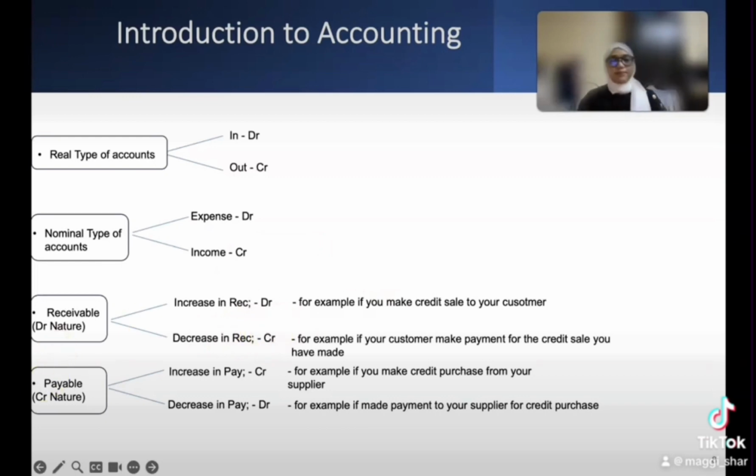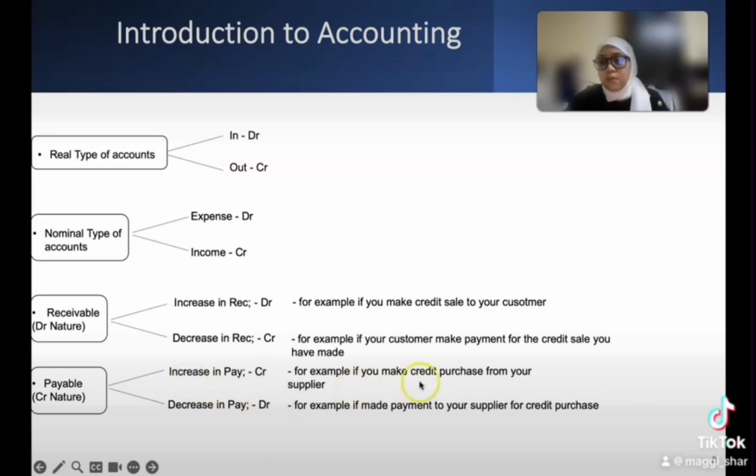Okay. Then payable. Payable is a credit nature account. If a transaction has increased it, then you need to record in credit side of the payable account. If it is decreased, then you need to record in debit side of the payable account. So what makes payable account increase?